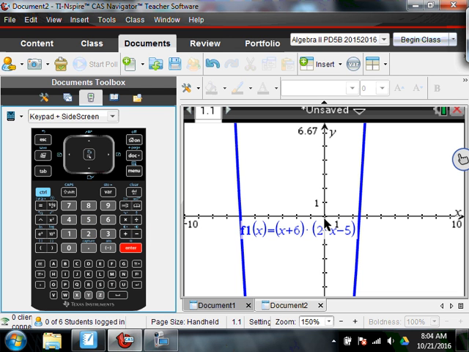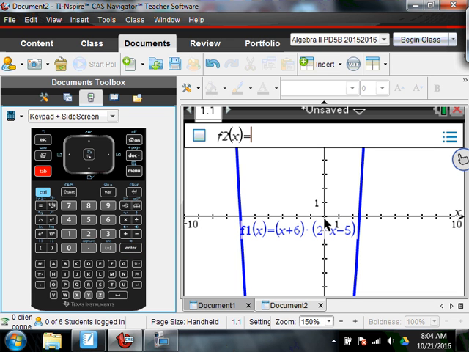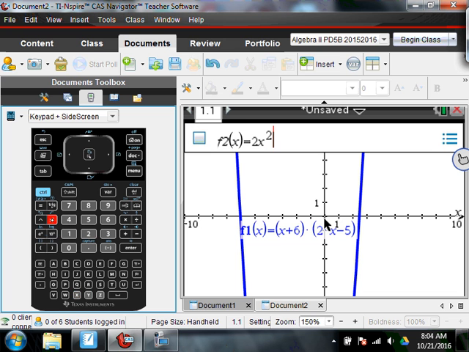What I'm going to do now is enter the standard form of that function. So we said standard form was 2x squared plus 7x minus 30. How do you think that's going to compare to the blue one? Going to be the same, you think? One way to find out.